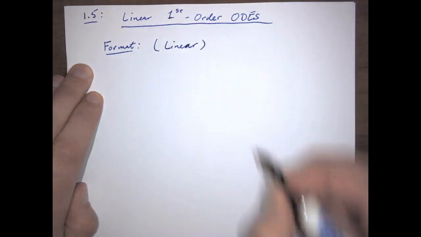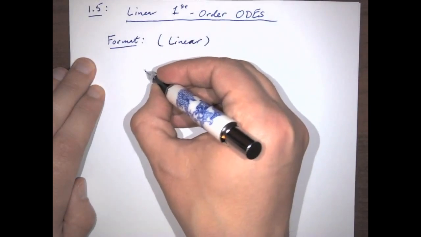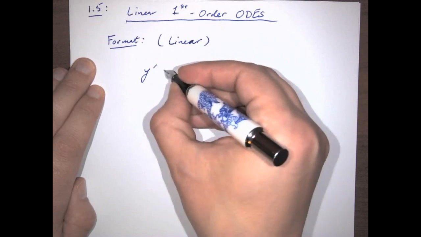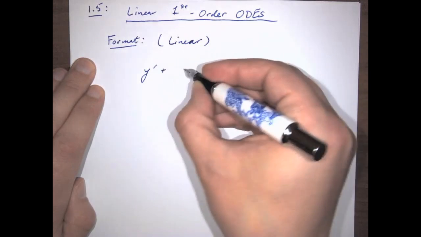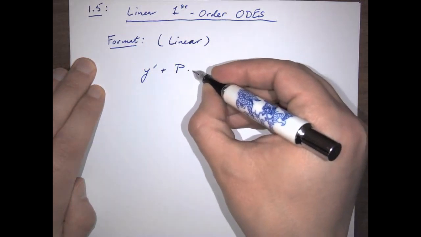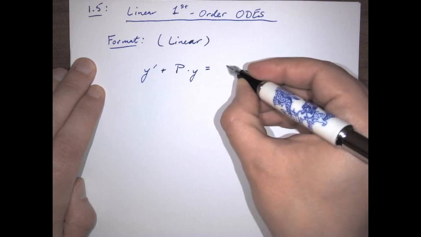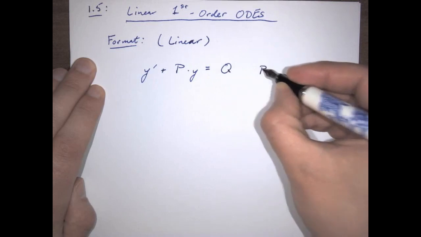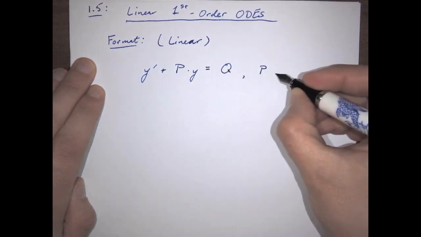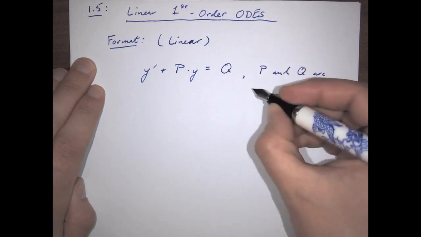So for a linear equation, the format has to be something in this format. y prime plus p times y is equal to q, where p and q are functions of x.